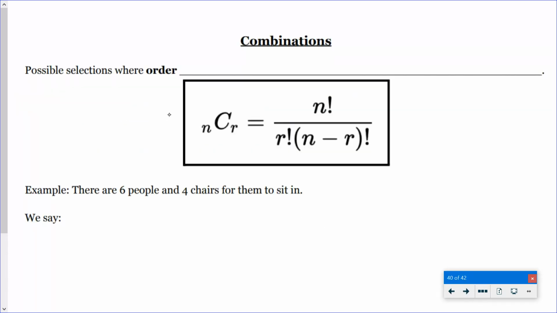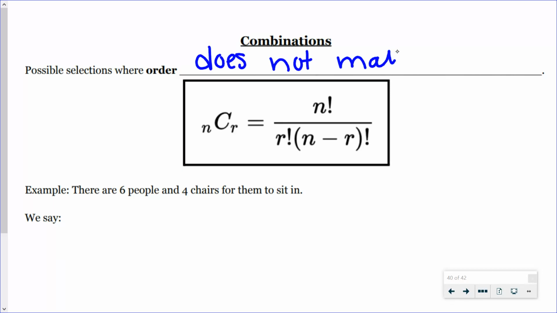When we have situations where we are just thinking of how many things put together, that is called a combination. And a combination is where order does not matter. So this is like toppings on a pizza or ice cream, right? It doesn't matter whether you put the strawberries on first or the sprinkles on first.